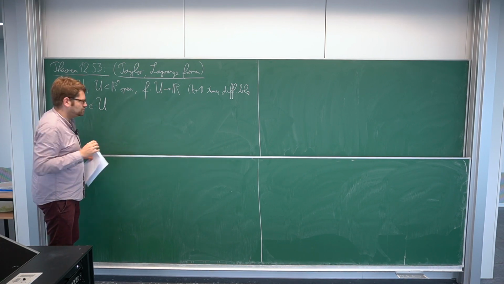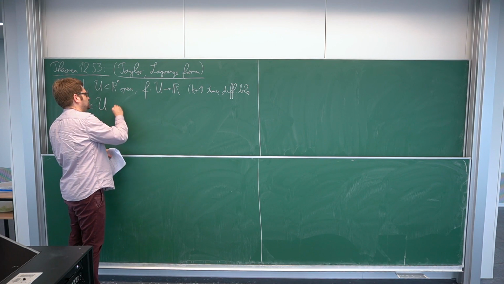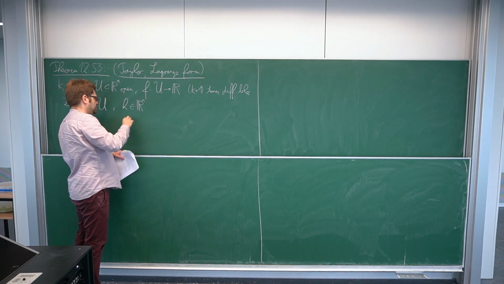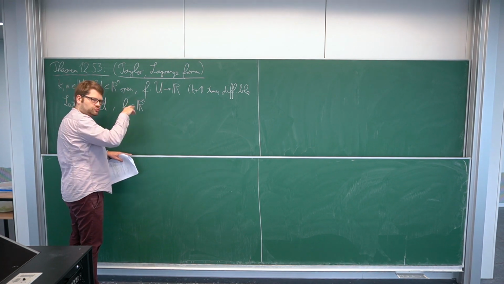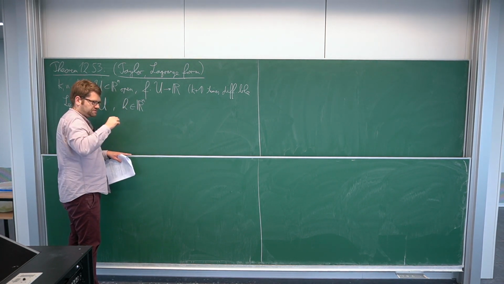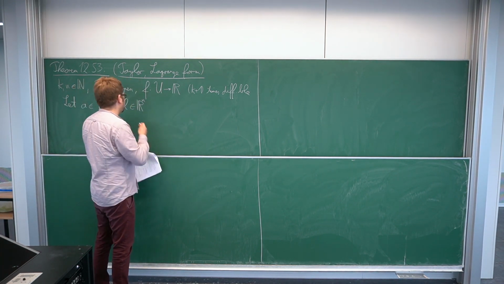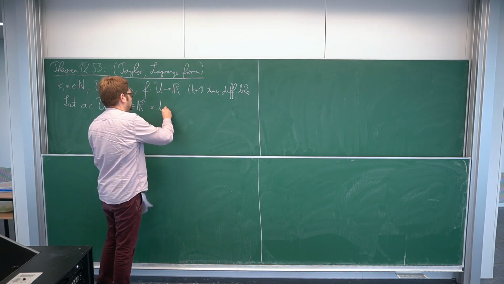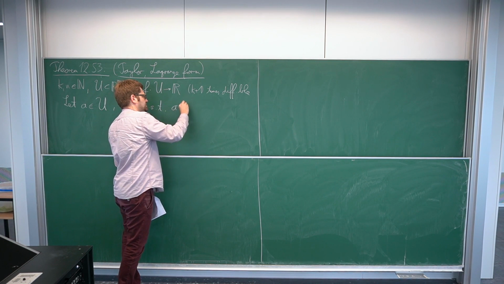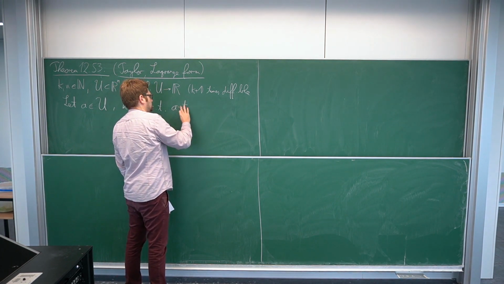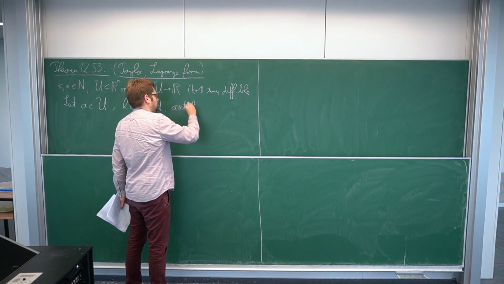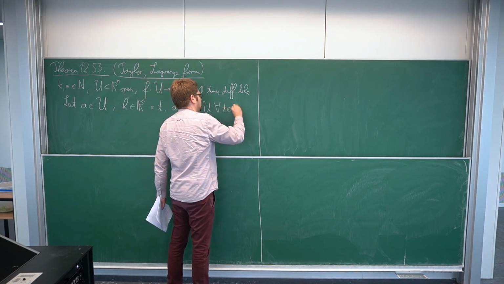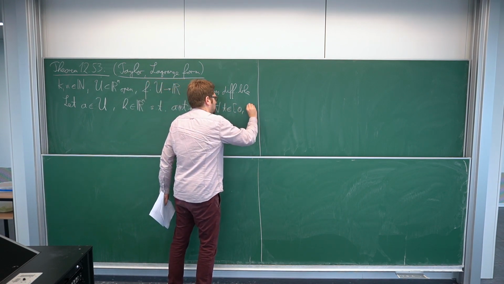We need to introduce one more condition, namely we take a in U and h in R^n, not only such that a plus h is in U, so it's close to a, but we need a bit more. We need that a plus t times h is in U for all t in [0,1].